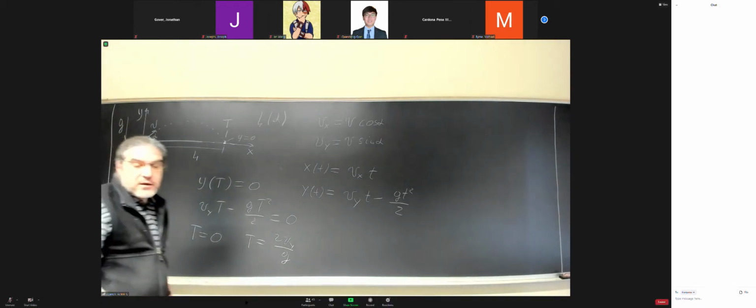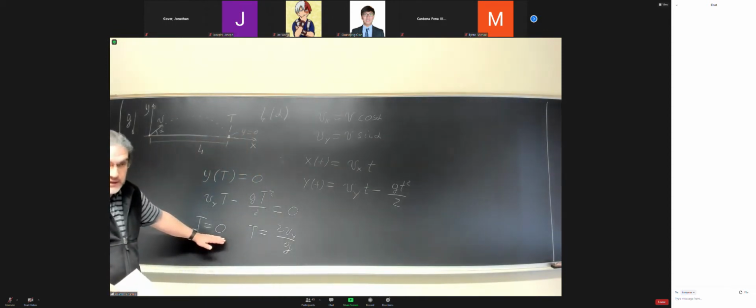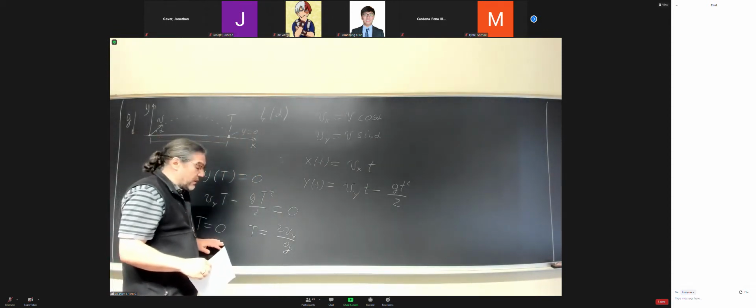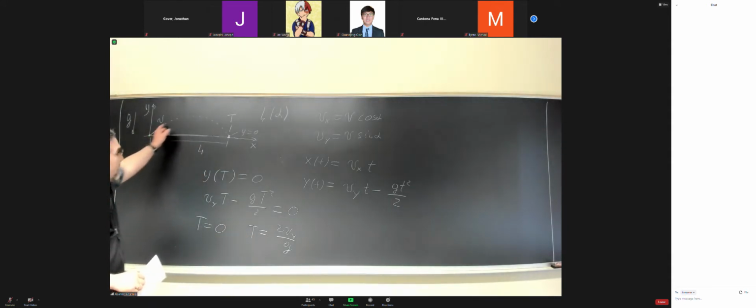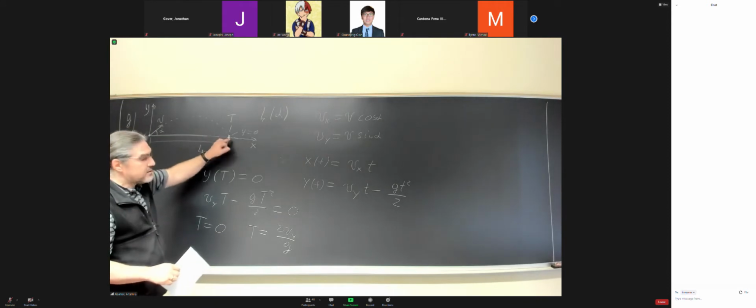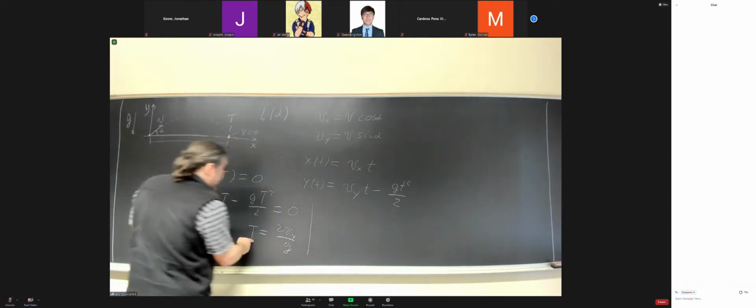The height of the cannonball was 0. So that solution makes sense. It exists, but it's not the solution which we want. The solution which we want is this one. It's exactly when y is again equal to 0. So that's the time.